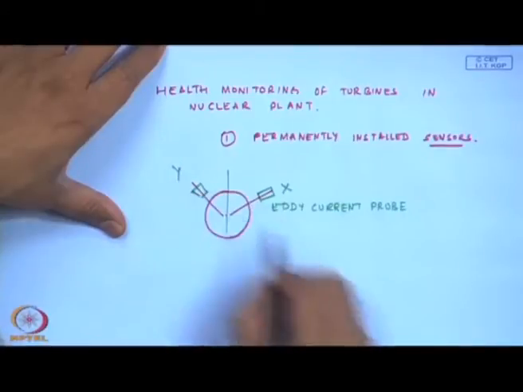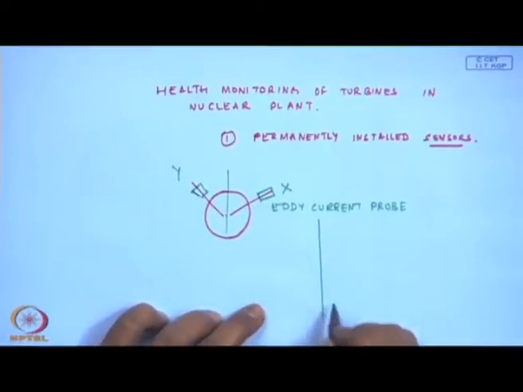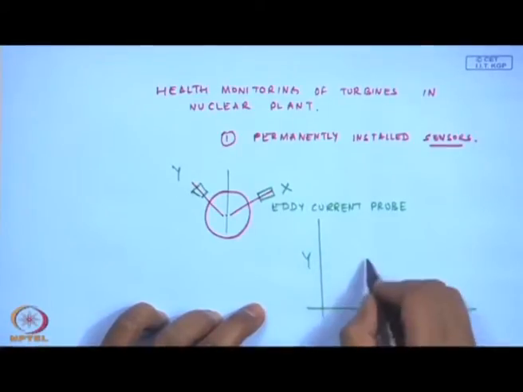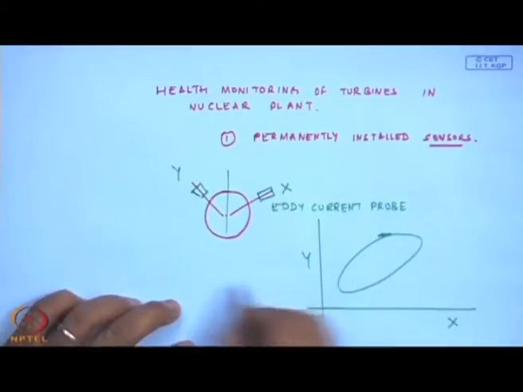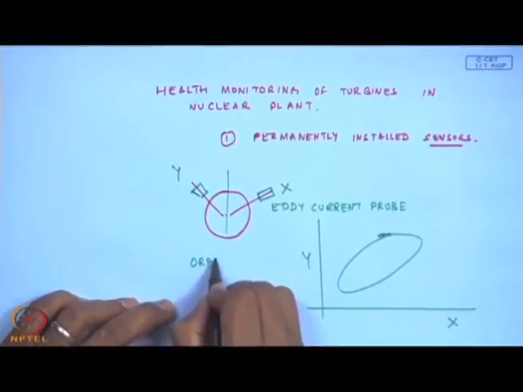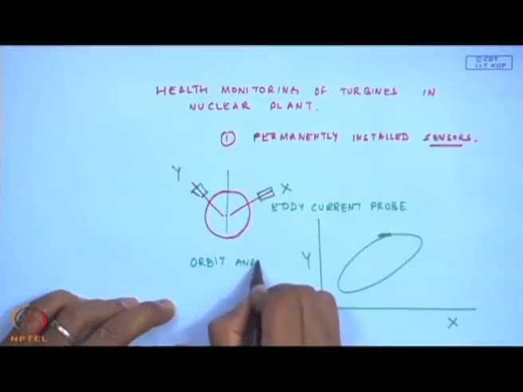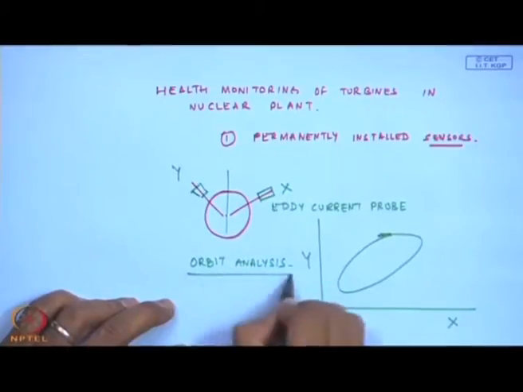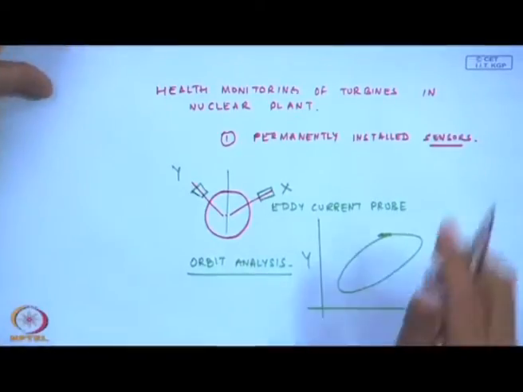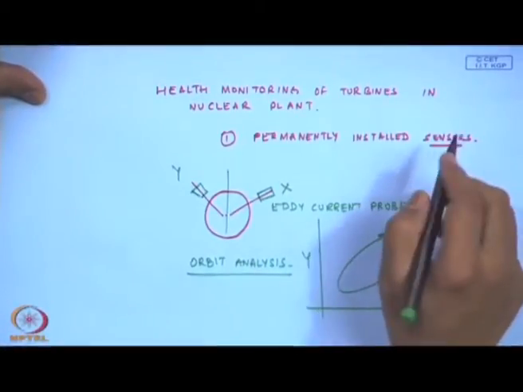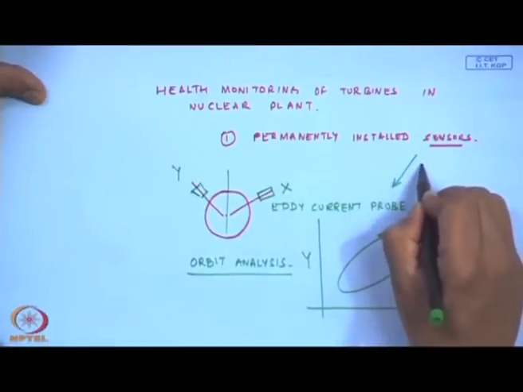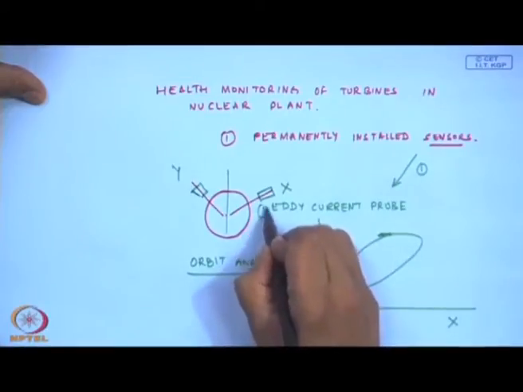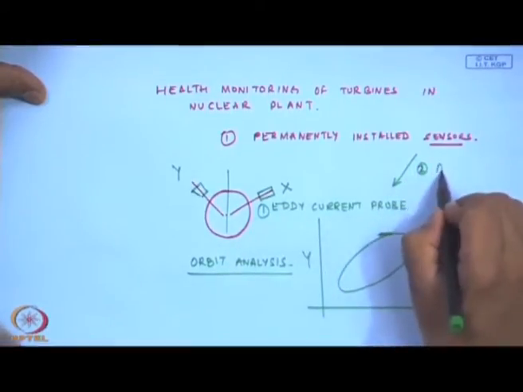X, y, and you can do a lot of orbit analysis to detect, and we have discussed orbits in one of our earlier classes, to find out the defects in the machine. But these sensors can be eddy current, can also be vibration transducers like accelerometers.